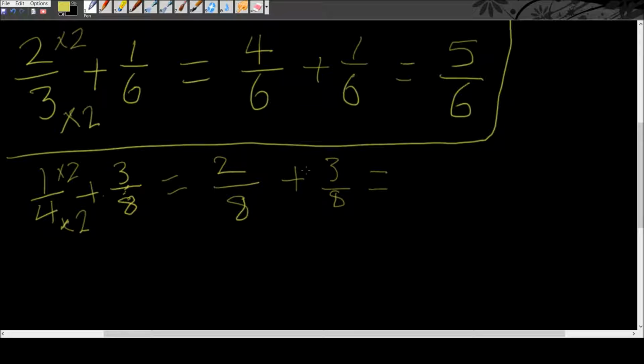So we add the two top numbers together, or the numerators. 2 plus 3 is going to give us 5, and the bottom number still stays the same. So 1/4 plus 3/8 is going to give us 5/8. Okay, lovely.